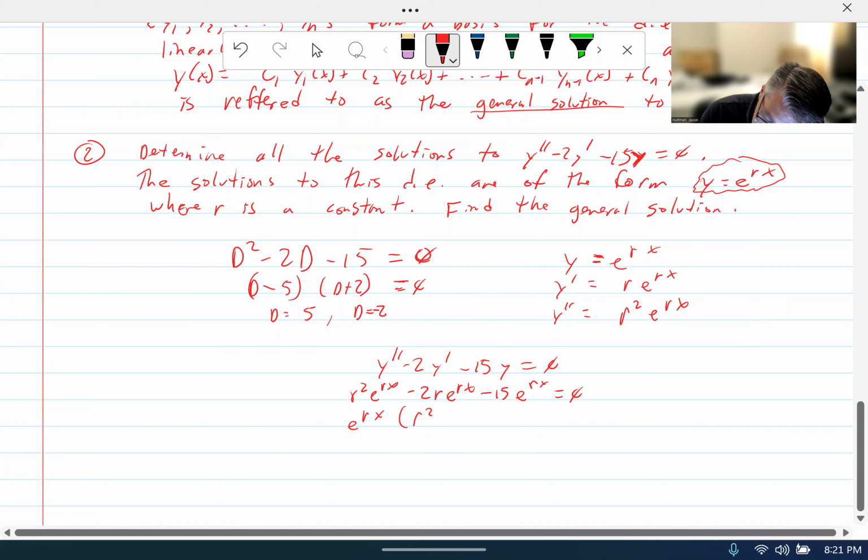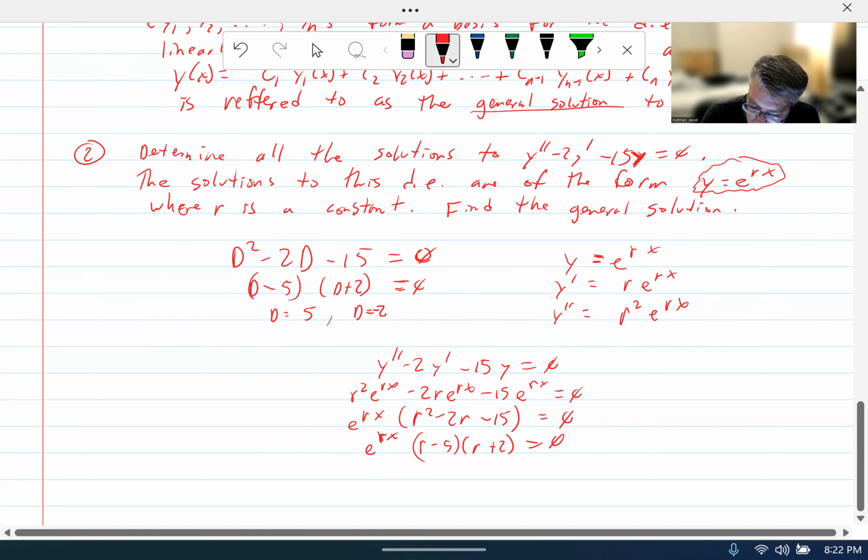And what we get is r squared minus 2r minus 15, which is the same thing that we factored when we used the D's. And so this ends up being r minus 5 times r plus 2, and so we get e to the rx times that is equal to 0.